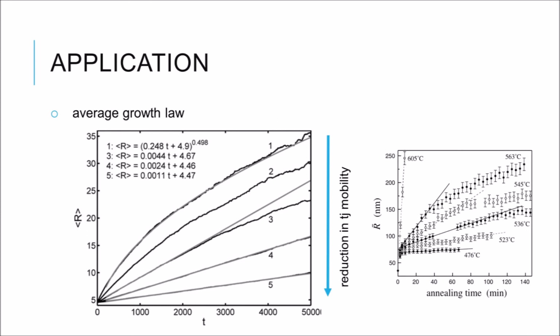If we look even more closely, we'll see that after a short initial period of time, for example, curve 3, shows a linear relation indeed between average radius and annealing time. However, after quite some simulation time, the simulated curve deviates clearly from the linear least squares fit. And this was precisely also seen here in the experiment.